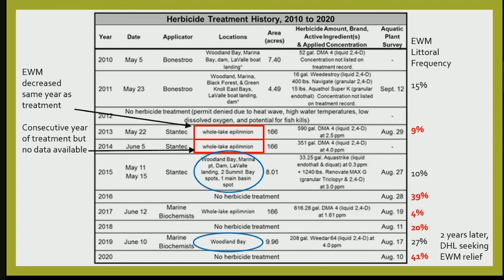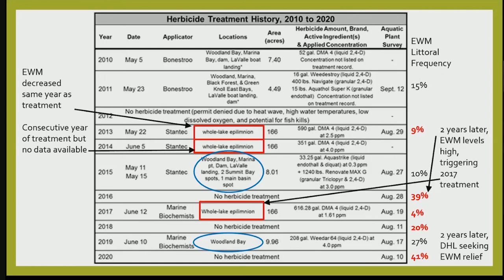That high frequency triggered much concern and ultimately the herbicide treatment in 2017. No herbicide treatment was done in 2018, and the milfoil frequency was at 20%. Then you've got 10 acres of herbicide treatment in 2019 in Woodland Bay, Milfoil Bay.